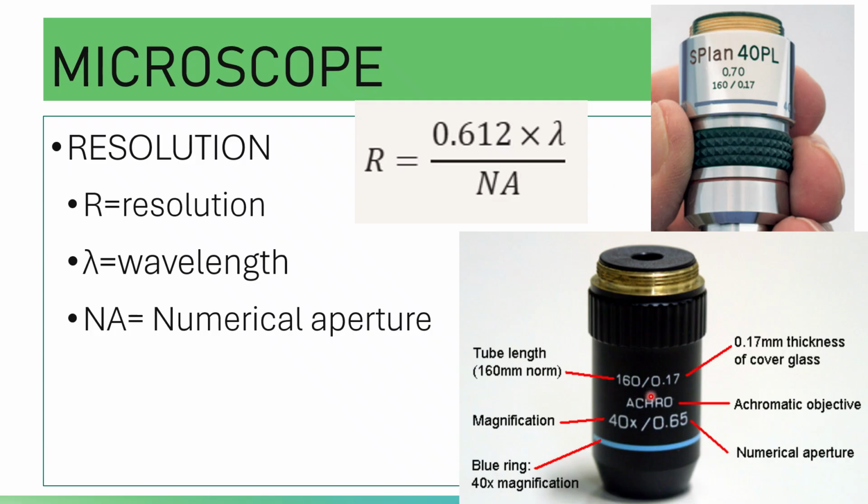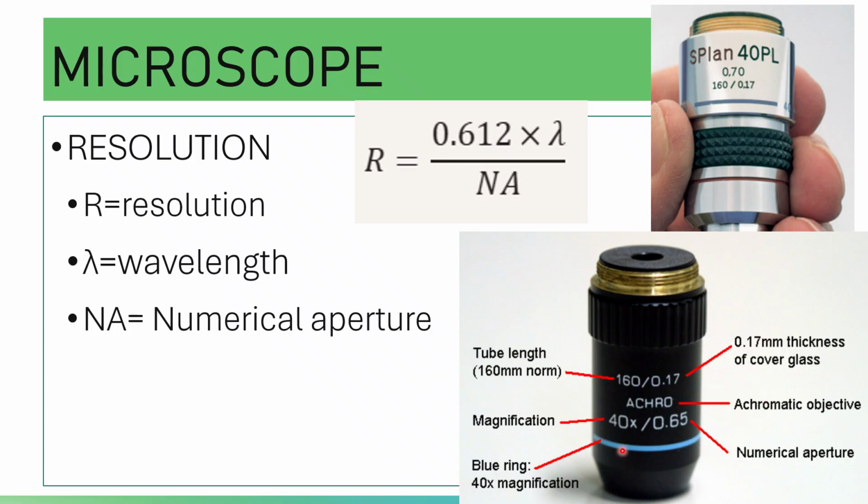So you have here the labels for your objective lenses. This one is your objective. The tube length is 160 millimeters, and 0.17 mm is the thickness of the cover glass. It is an achromatic objective, because there is another type of objective, but we utilize an achromatic one.